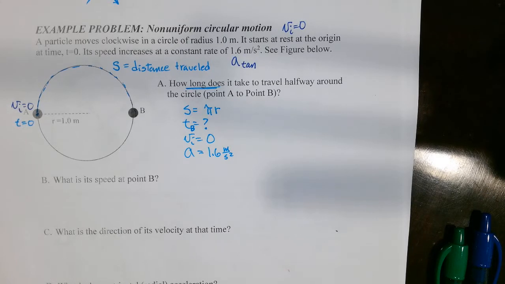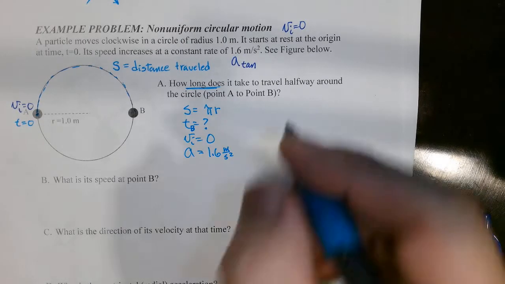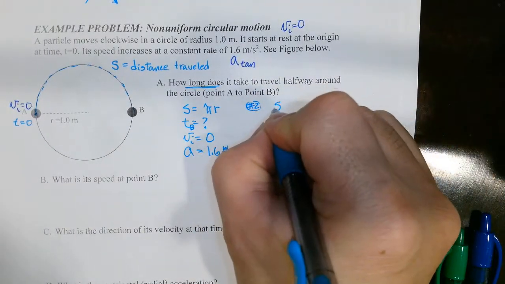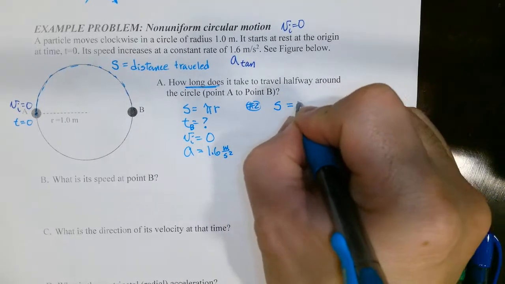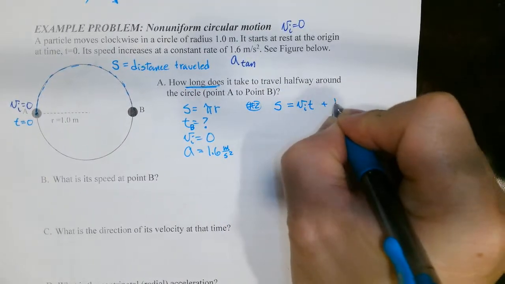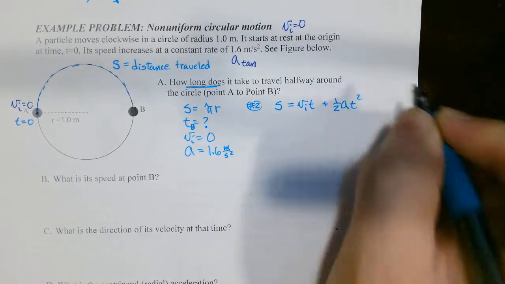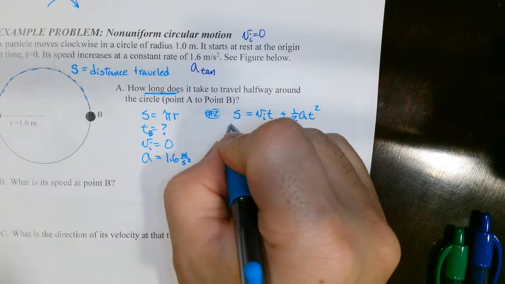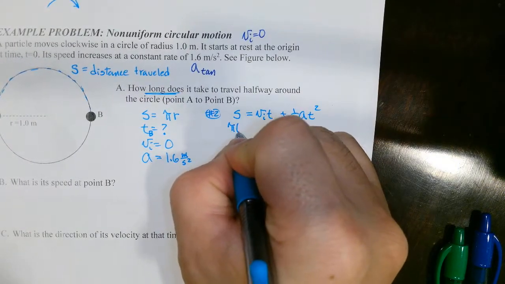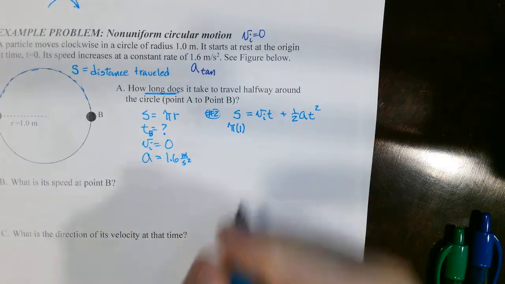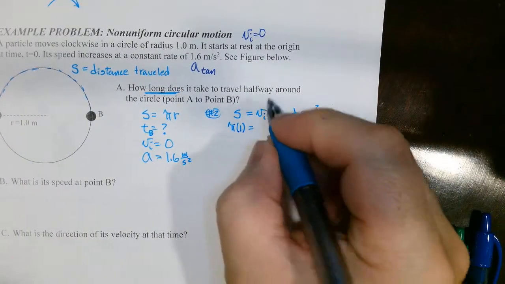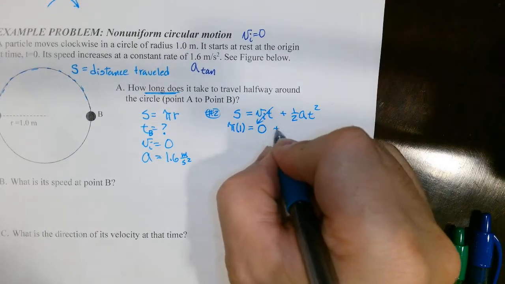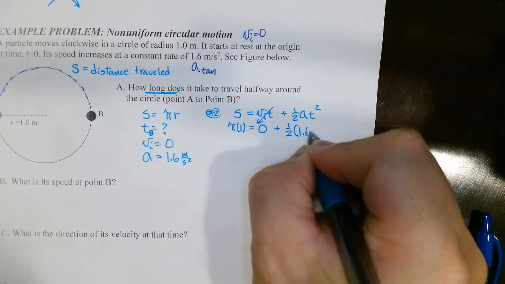Which equation should we use? I would say equation number 2, right? The distance is equal to V_i t plus 1/2 a t squared. We know the distance is pi r. And pi r is 1, so pi times 1. That is equal to initial velocity 0, plus 1/2 times 1.6 times t squared.